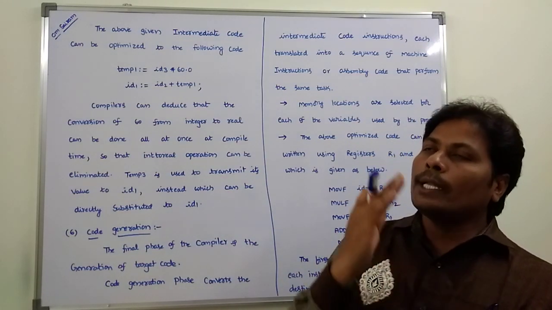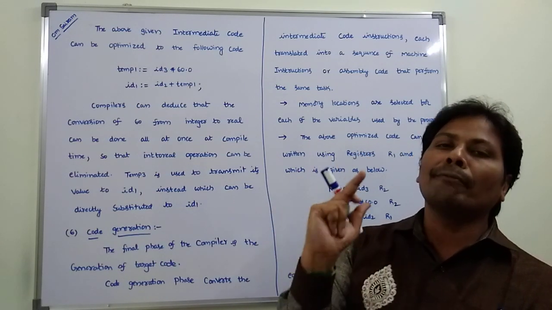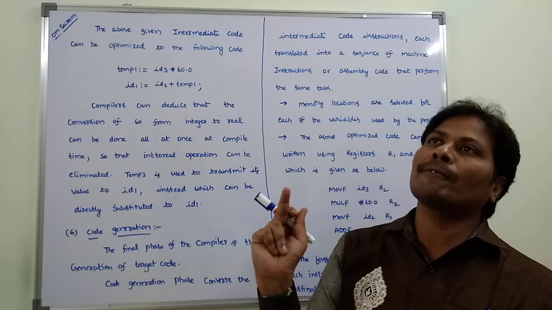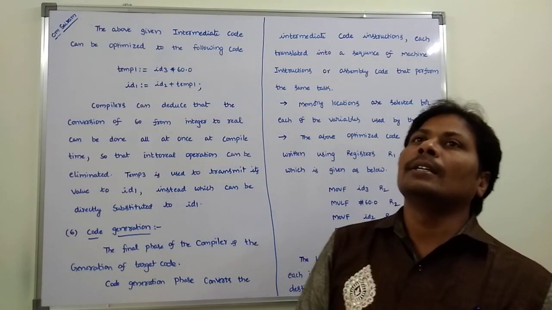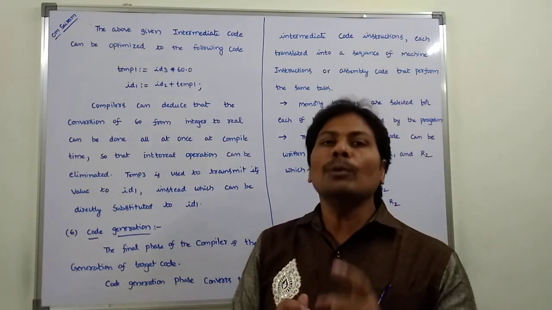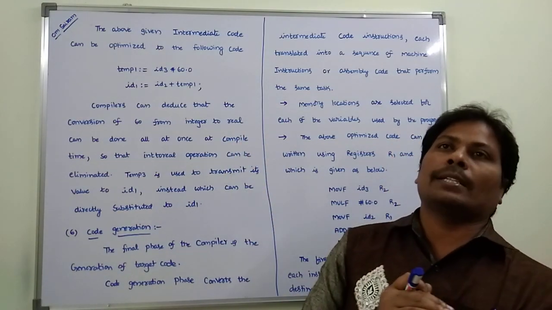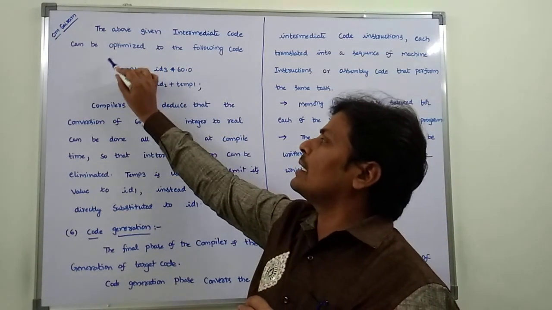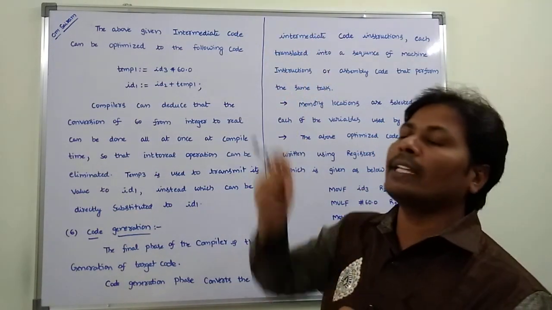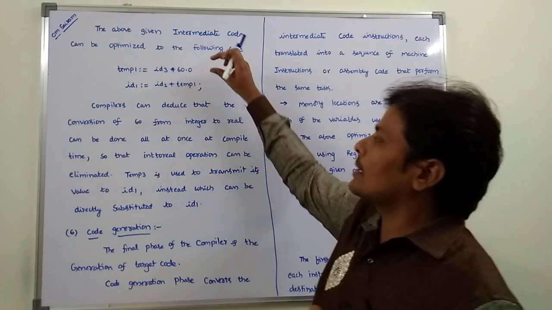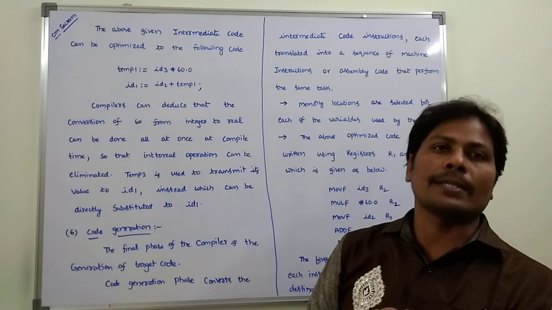So the first instruction, temp1 is equal to int to real of 60, can be eliminated, and the second instruction is temp1 is equal to id3 into 60.